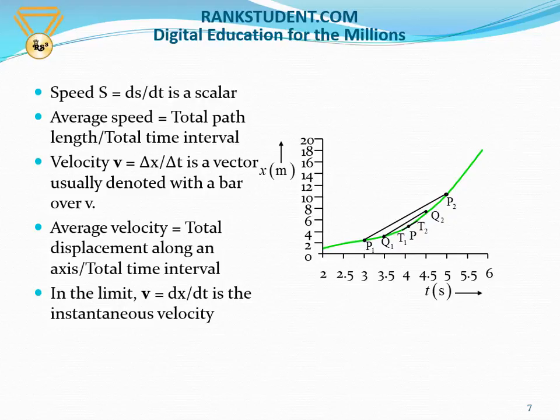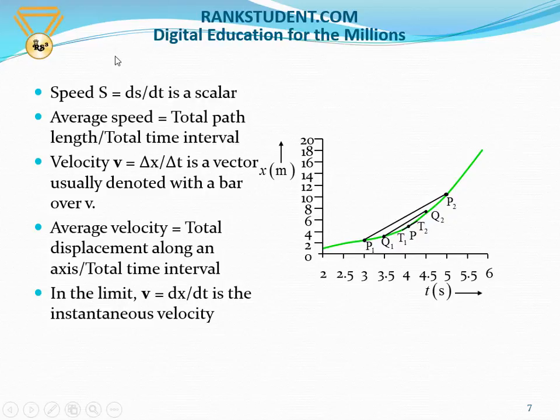Now let's try to represent rectilinear motion through a graph shown on the right hand side here, x along the y-axis and time along the x-axis. The green line here represents the motion of an object in one dimension. The point P moves from P1 to P2 in time T1 to T2.